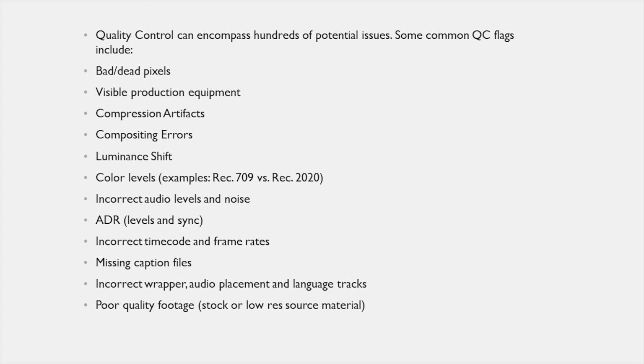Incorrect audio levels and noise. ADR levels and sync. Incorrect timecode and frame rates. Missing caption files. Incorrect audio placement and language tracks. Poor quality footage, stock or low-res source material.